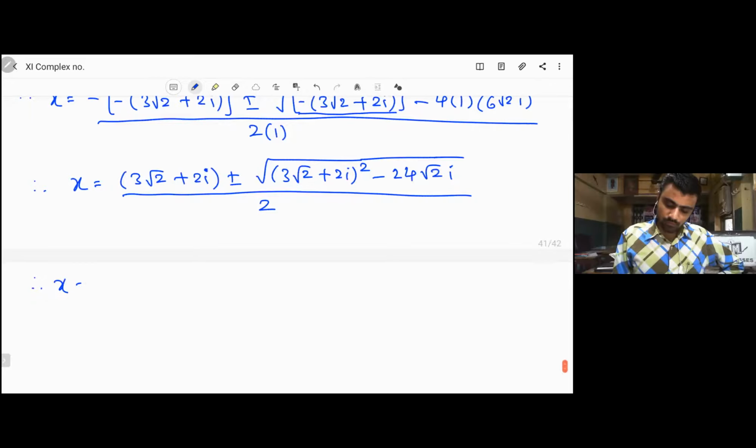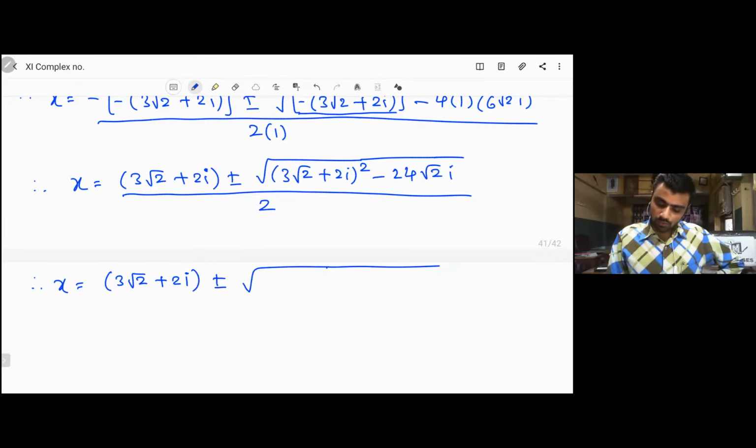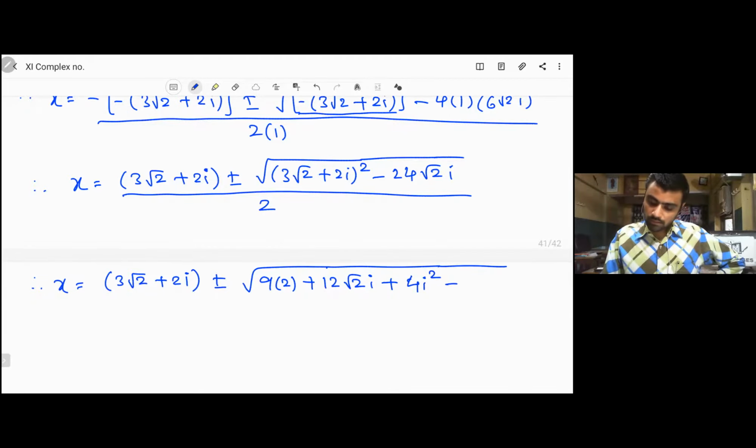In the next step, this is 3√2 + 2i plus or minus under root. This whole square has to be expanded, so this is the (a + b)² formula: 9 into 2, the square of 3 is 9 and the square of √2 is 2, plus 2ab, that is 2 into 3 into √2, 12√2i, plus b², that is (2i)², that is 4i², minus 24√2i, whole upon 2.